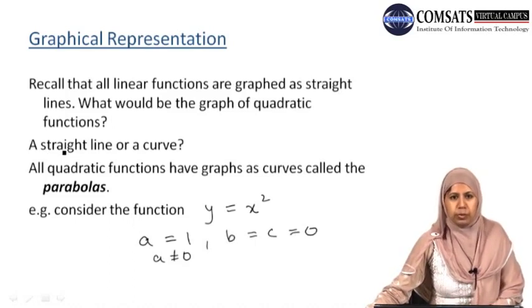So the question is how we can represent this function graphically. We have also done this before in our chapter 4, where we represented functions graphically, including one example of a quadratic function and one example of a cubic function. So let's recall what we have done there.